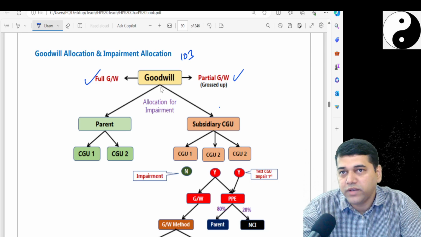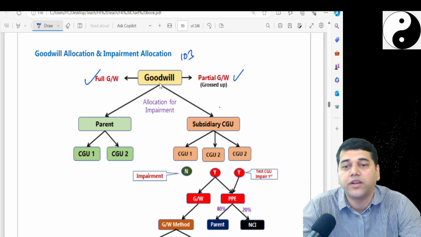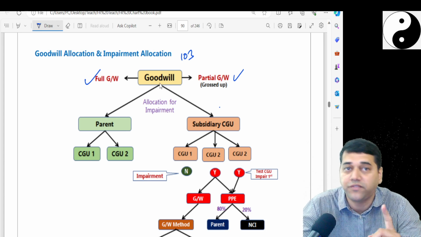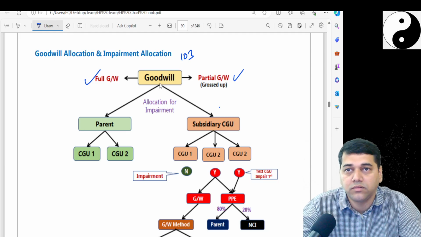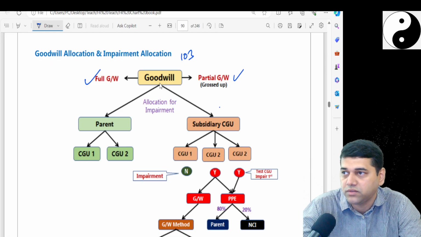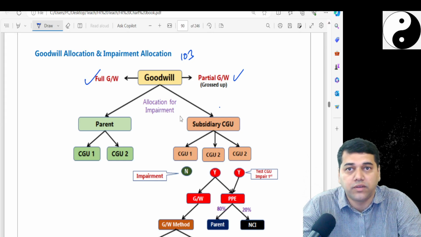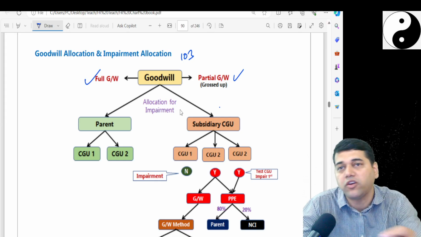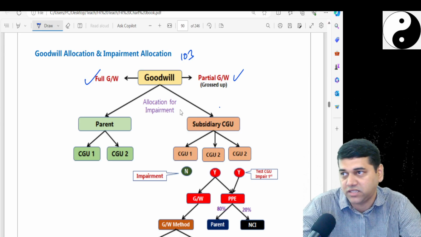Now once you get the goodwill, first you see whether this goodwill can be allocated, because goodwill we are talking about at the CFS level. At CFS, my parent and subsidiary are one. So there are so many CGUs. So I will look for allocation at the CGU level, because goodwill I cannot impair on a standalone basis, because goodwill will not earn any cash.